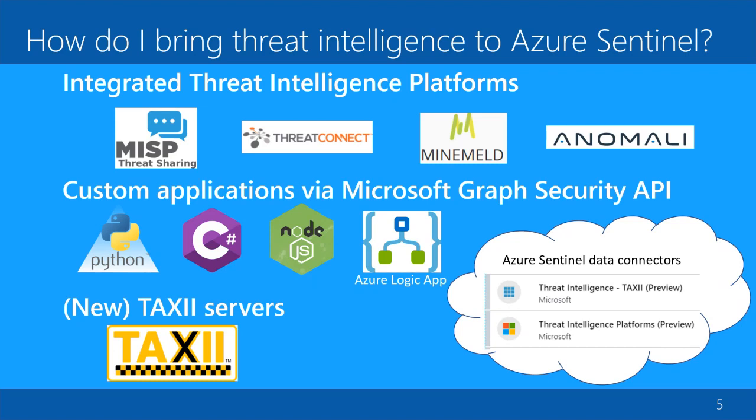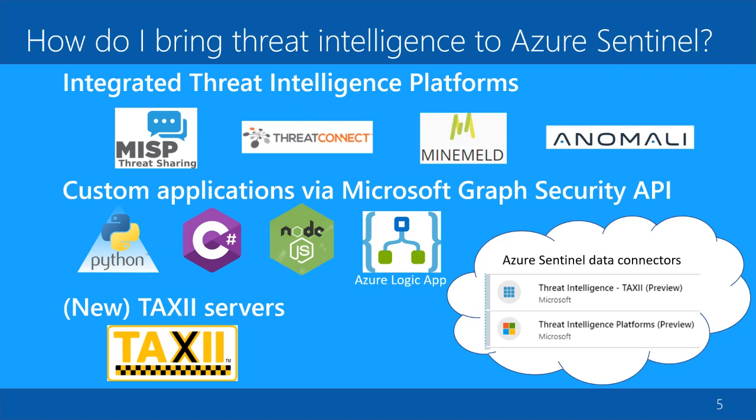So the first thing you need to understand is how to get threat intelligence data into Azure Sentinel. Everything that you get into Azure Sentinel comes in through what we call data connectors. And if you look in the lower right, you'll see that we have 2 data connectors specific to threat intelligence in the platform. The first one is a threat intelligence TAXII, and we'll talk about that in a second.